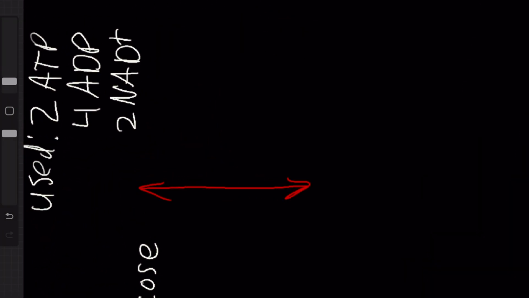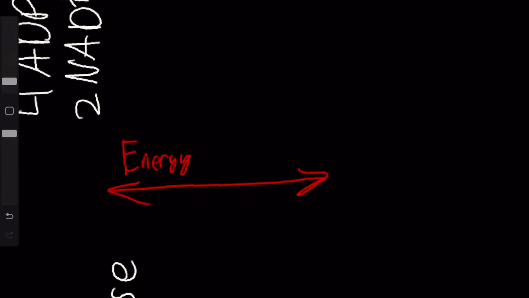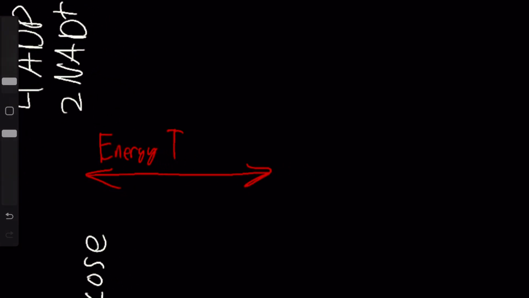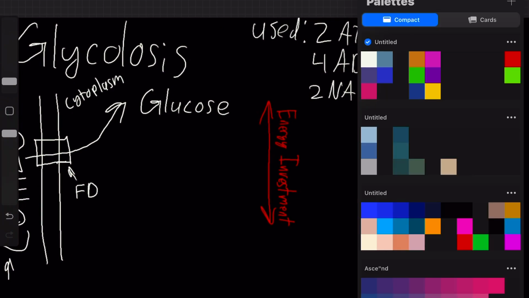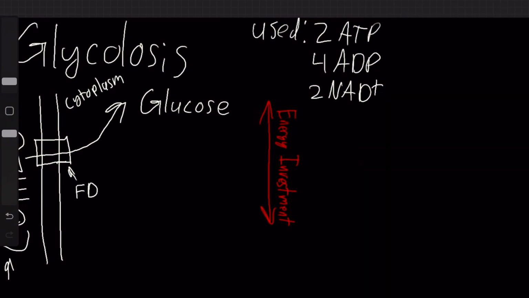I'm going to write energy. This is our energy investment phase, meaning we're going to be using energy. So ATP is our energy. So I know ATP will go here, our 2 ATP.